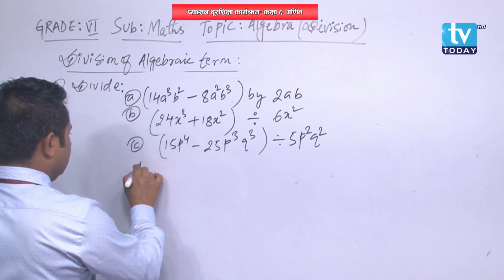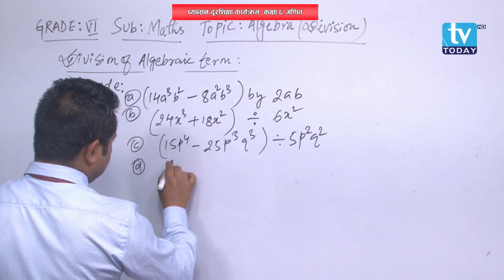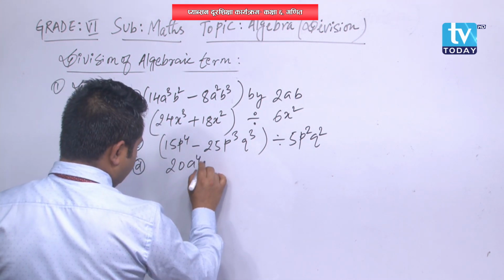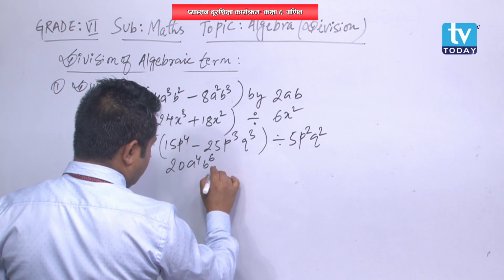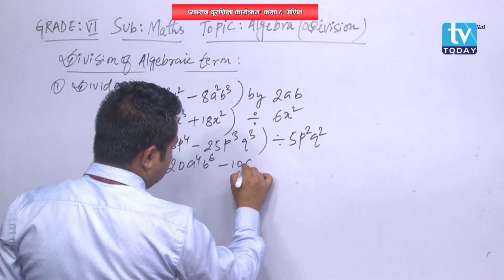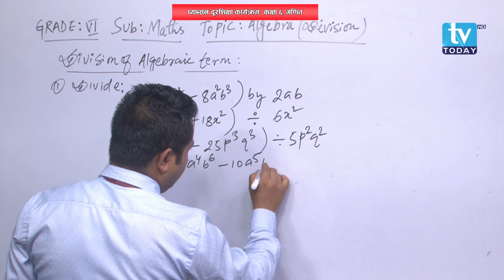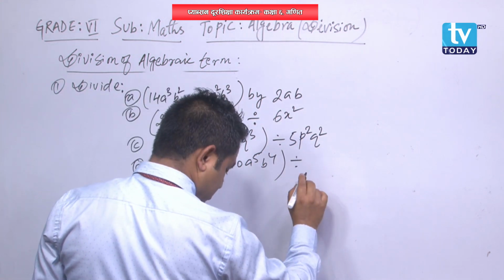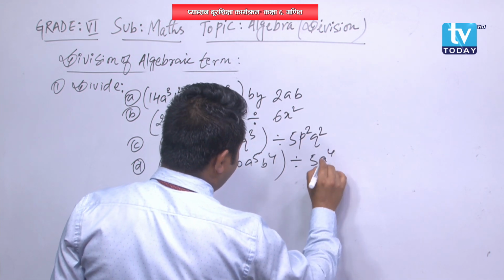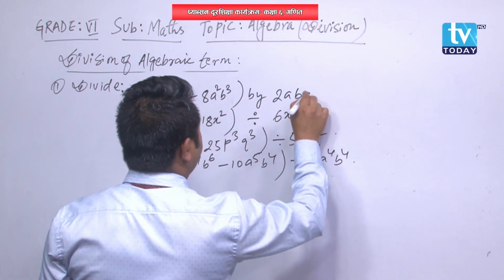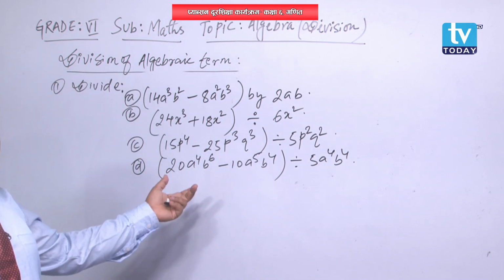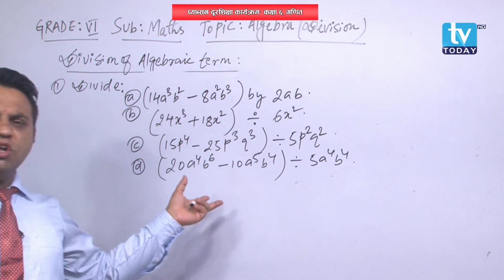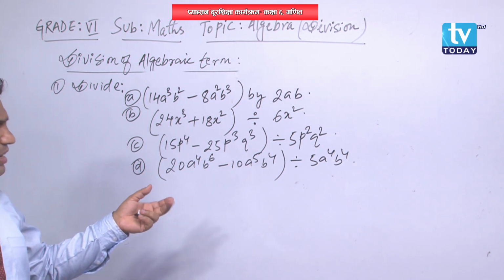And number D, 20 a to the power 4 b to the power 6 minus 10 a to the power 5 b to the power 4 divided by 5 a to the power 4 b to the power 4. So all questions are similar. I am leaving these 4 questions as a home assignment. Please try all these questions by following the same process.